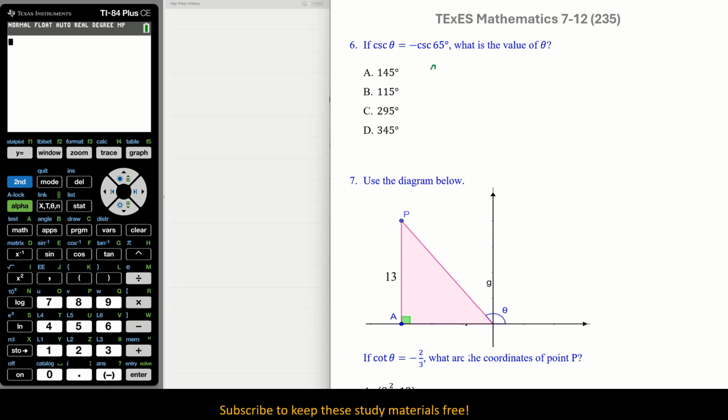So you should remember that cosecant of theta equals 1 over sine theta, okay, which gives us 1 over y over the hypotenuse. In the end, this gives us the hypotenuse over the y.